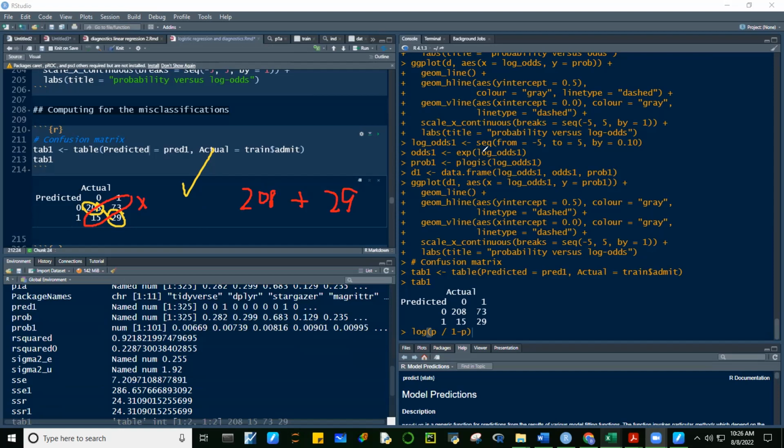Correct predictions. No? Tapos ang mali, 73 plus 15. Okay? So this is the correct observation. Correct. This is the wrong observation. Wrong prediction.